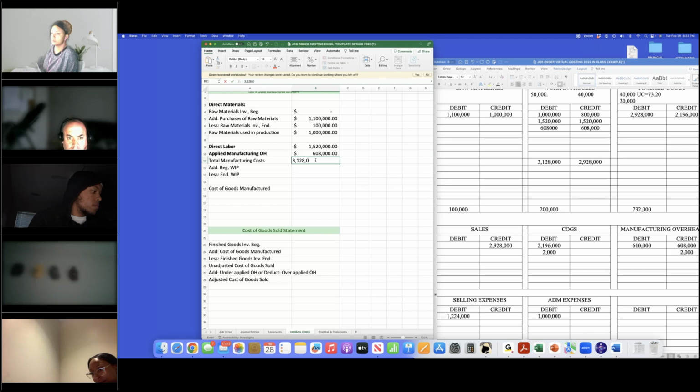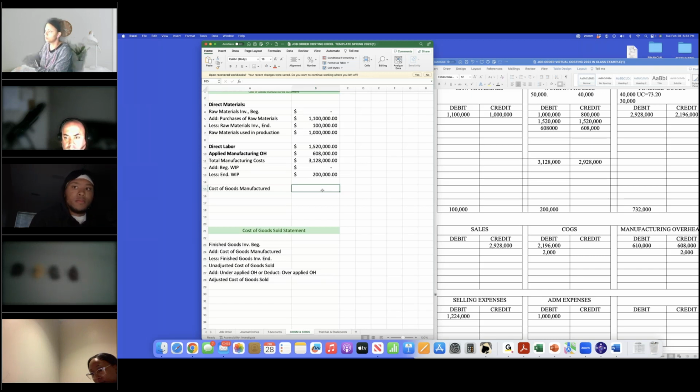We didn't have any beginning work in process inventory, but we said the ending work in process inventory was what? 200,000. So we subtract 200,000 from 3,128,000, we get our cost of goods manufactured being what?